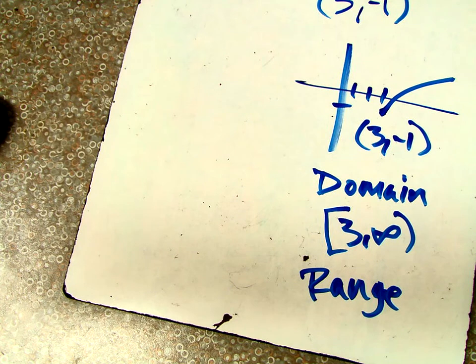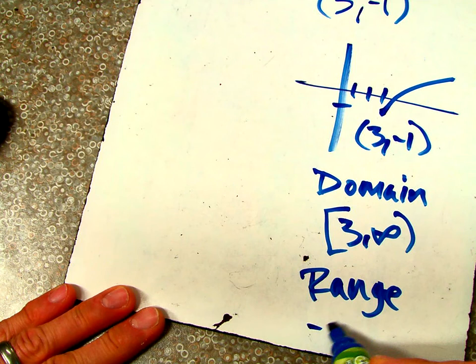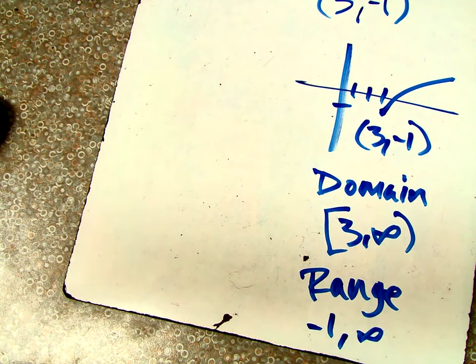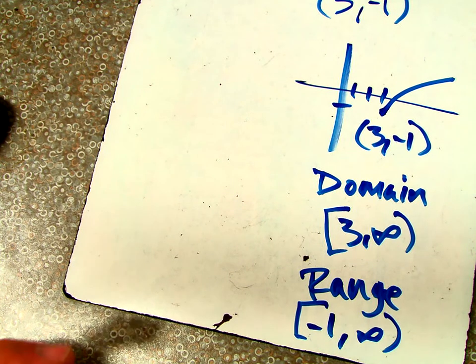Brooke's not here? Now I got 2 Brooks. Brook's having technical difficulties. Sorry, my microphone wasn't working. You're totally fine. Is it -1 to infinity? Very good. That's exactly right. Do I put a bracket on -1 or a parenthesis on -1? Bracket. Exactly right.